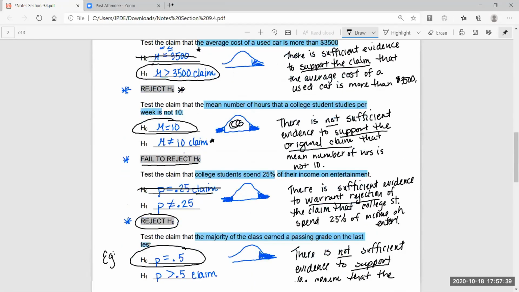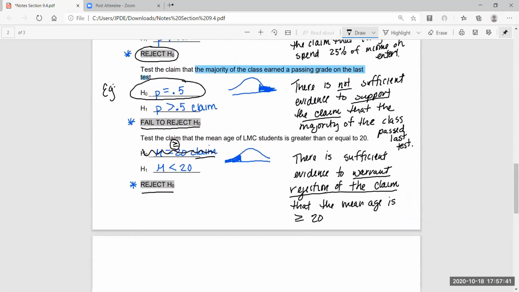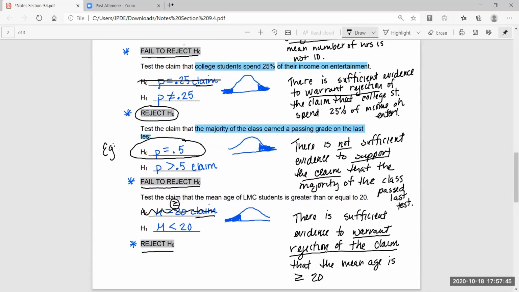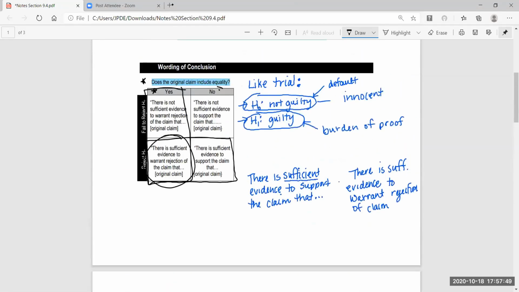Support the claim. Warrant rejection. Okay. So when we look at these, this wording here, the key is this table. And you know you're allowed to use your stats formula packet on the test.